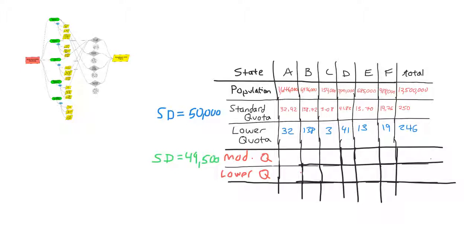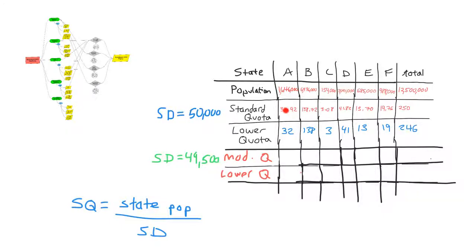In case it's not clear why that's true, keep in mind that the standard quota is equal to the state population over the standard divisor.